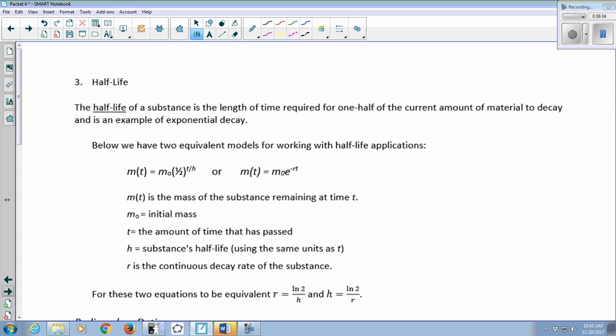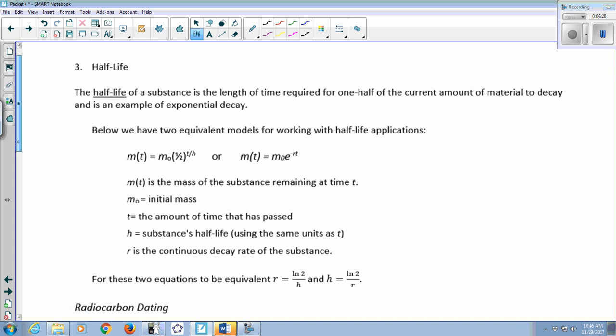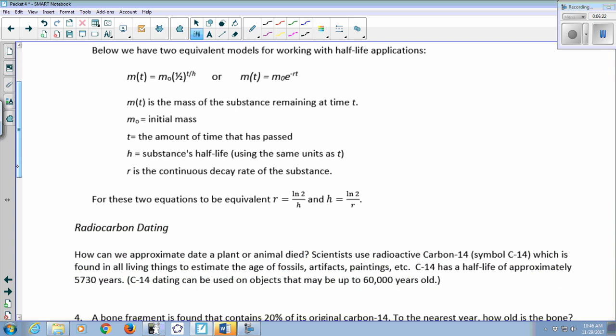One of the most common times that we use a model of exponential decay is when we know the half-life of a substance. The half-life is the length of time required for 1/2 of the current amount of material to decay, and we call this exponential decay. And just like with exponential growth, there are two equivalent models. One has a half in it to represent half-life, and the other one has base e.